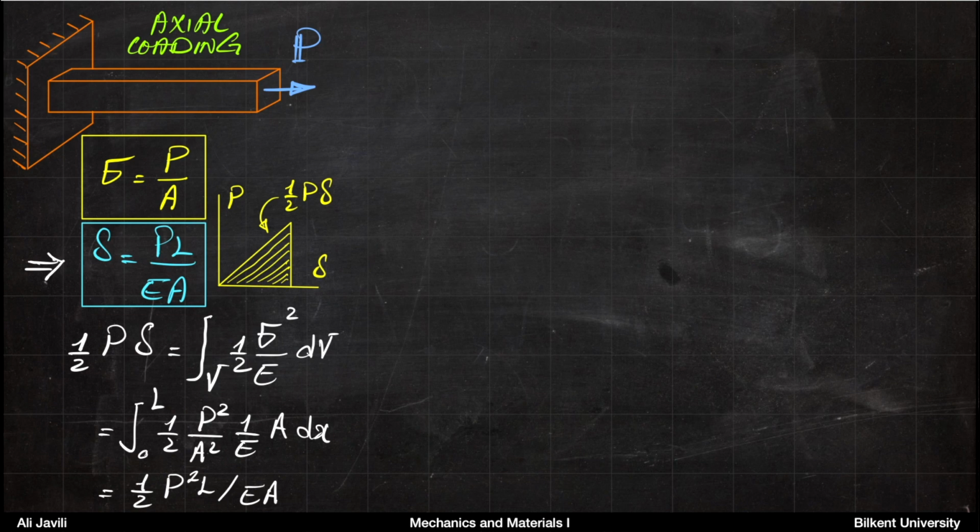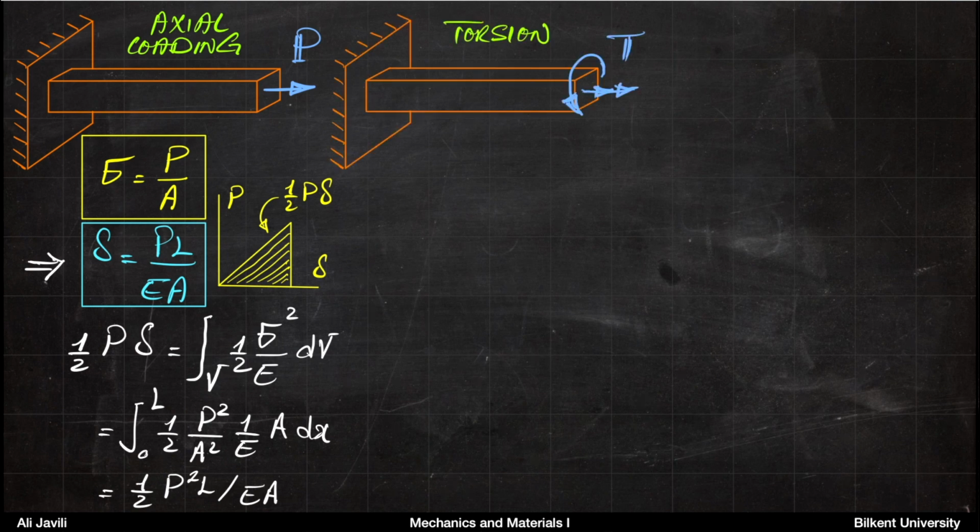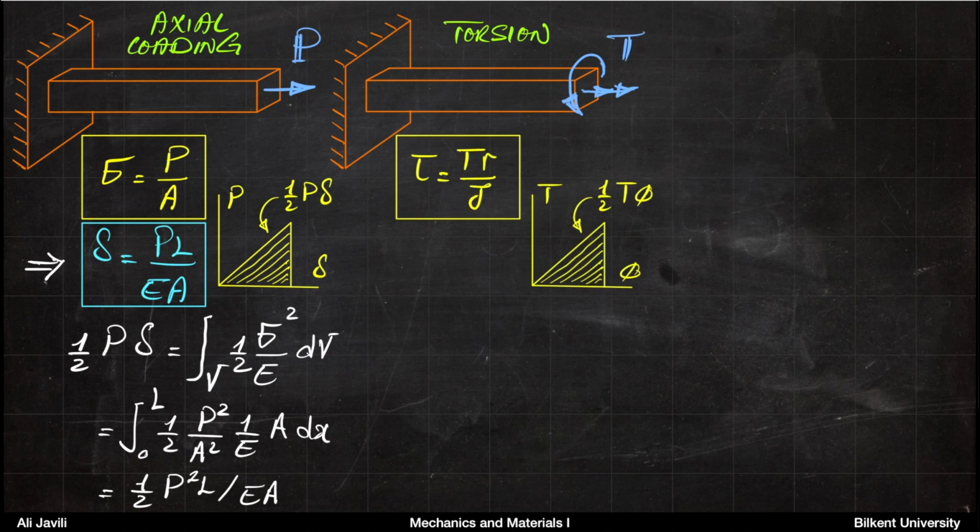Now we are going to repeat the same thing, or play the same game again, for a torsion problem. So imagine now you have a shaft here, you apply a torque T, and you have an angle of twist. So the relationship between stress and torque, you remember it was tau equals TR over J. J was the polar moment of inertia, R was the radius of the shaft.